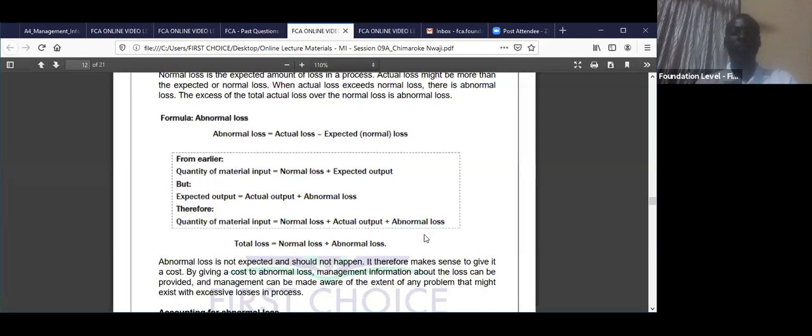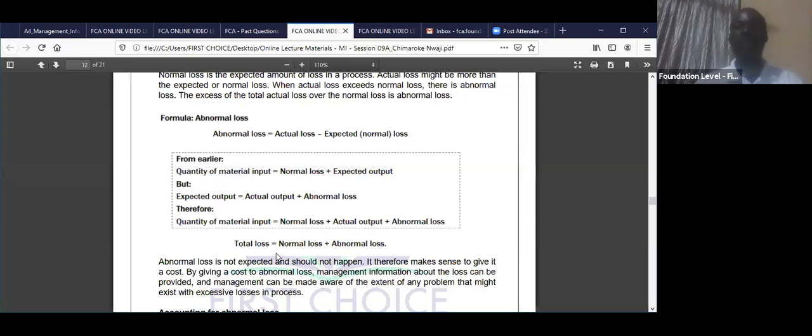What it means is that all the quantities you put into your units on the left-hand side give you three things on the right-hand side. One, you'll get your actual outputs. Second, you'll get your normal loss. Third, you'll get your abnormal loss. When you add them together, it should give you the quantity of inputs.